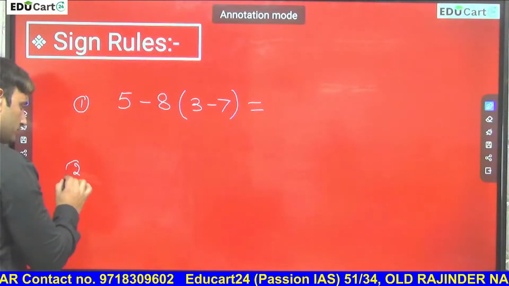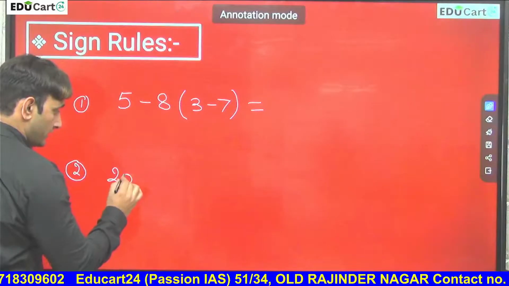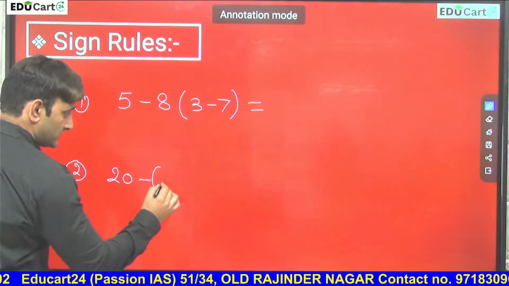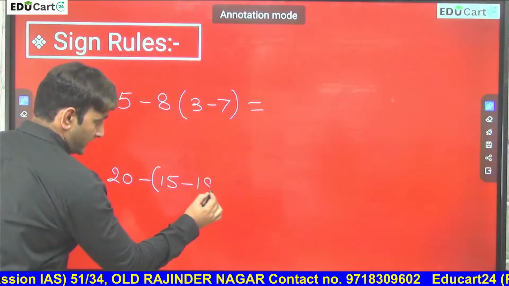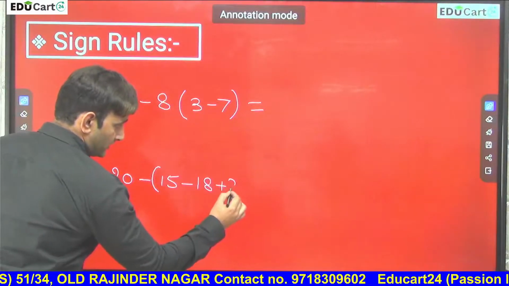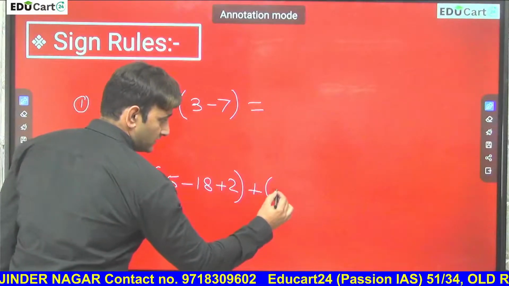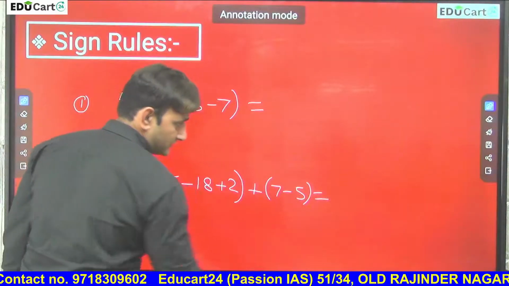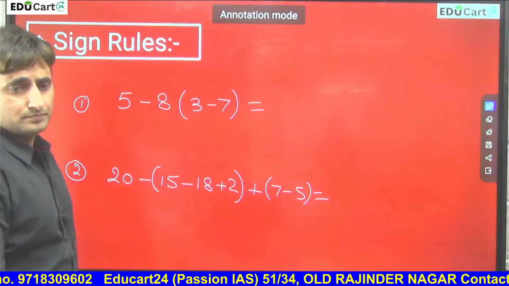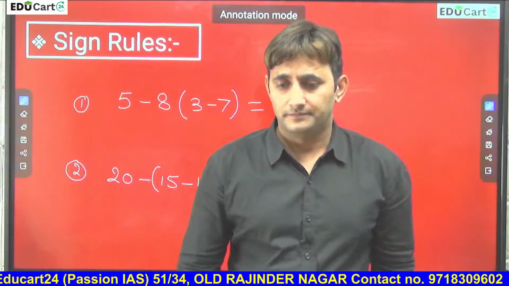Second question, 20 minus 15 minus 18 plus 2 plus 7 minus 5. What will be the answer? Let us attempt these two. ये दोनों ट्राई करके देखते बेटा एक बार, जल्दी करें.